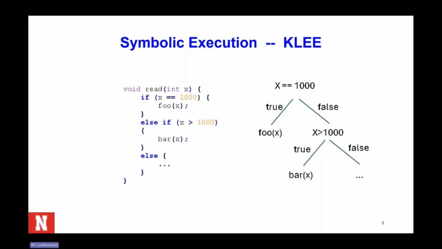KLEE could create 3 test cases based on the 3 branches. And these test cases could get the result we want, because it helps us to save test time. It's like this, 3 branches.